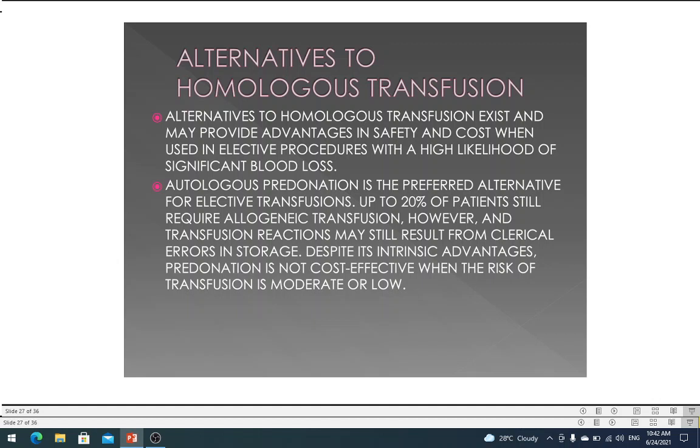There are other ways of autologous transfusion. With autologous pre-donation, the patient has donated his own blood 3 weeks prior to the surgery, and that is given during the surgery. The problem with this is, again, it is cumbersome, isn't it? Donation, preservation, and all those clerical error problems can take place.